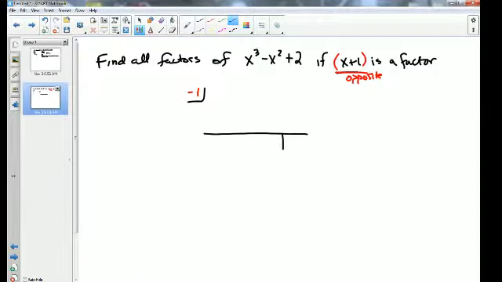What goes here? 1, -1, plus 2. Put 0 here because there's no x. There's no x here. We have to remember to put every single variable of x in here. So be careful there, because it'll screw you up totally and you'll get the wrong answer.